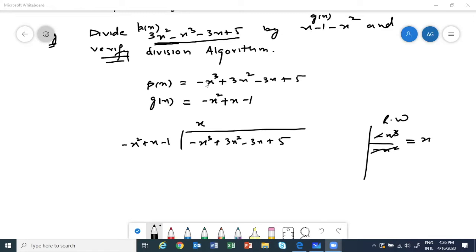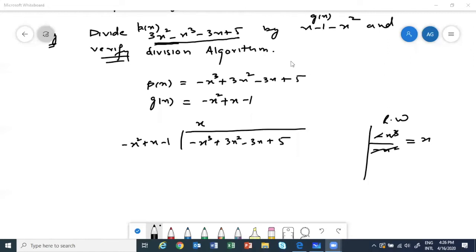What you are saying, if we take out the negative sign, we'll get x cube minus 3x square plus 3x minus 5. But then later on we'll have to adjust this sign. It won't go out like that only. We are not equating the polynomial to 0. Understood the difference? When we are equating to 0, we can take it out. But when we are not equating to 0, we should not. Here we are dividing now.